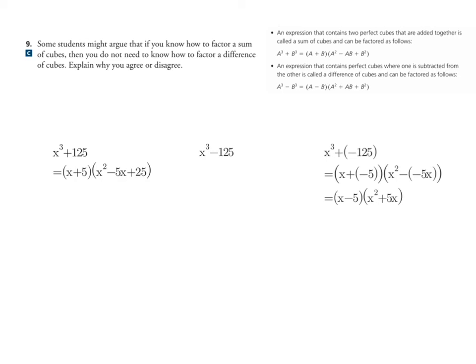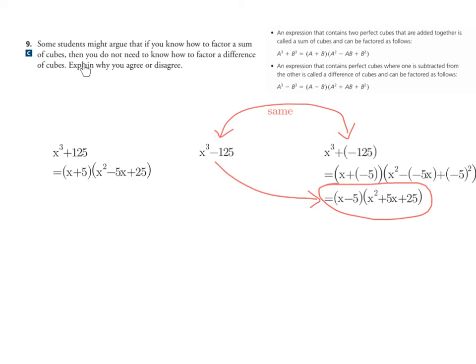And then you've got your negative 5 squared, which is just 25. So you actually could do it as a sum of cubes and not worry about the difference of cubes. So here I completely agree that you just have to learn the sum of cubes and you're good to go for the difference of cubes. And if you notice, this plus becomes a minus and this minus becomes a plus. That's the only difference between the sum of cubes and the difference of cubes.